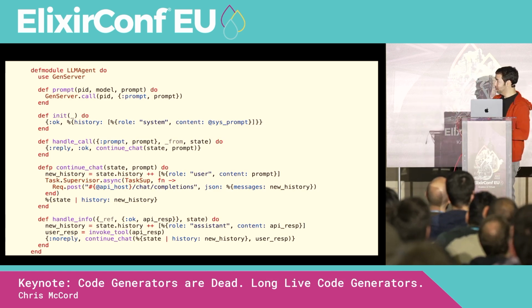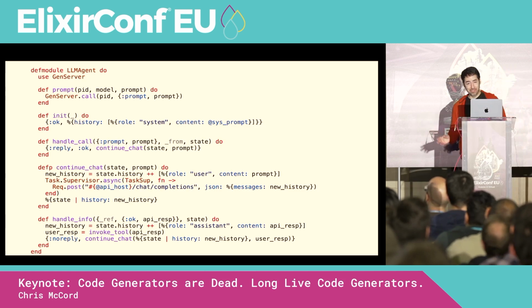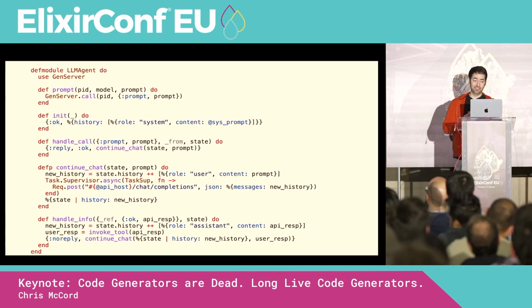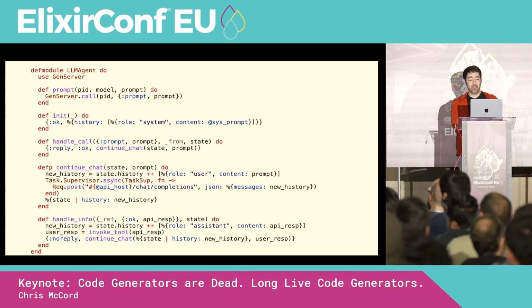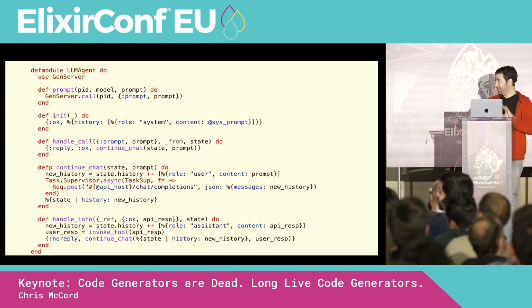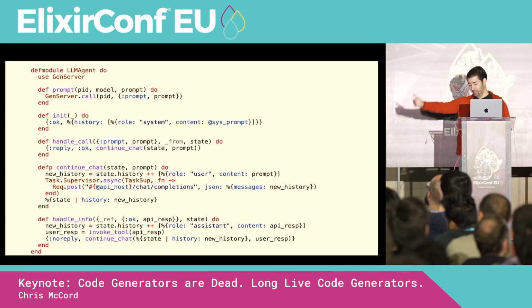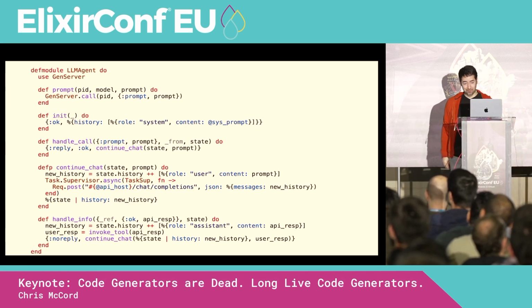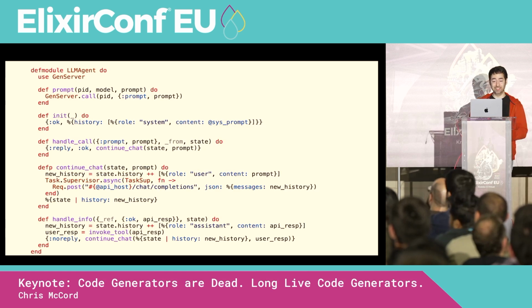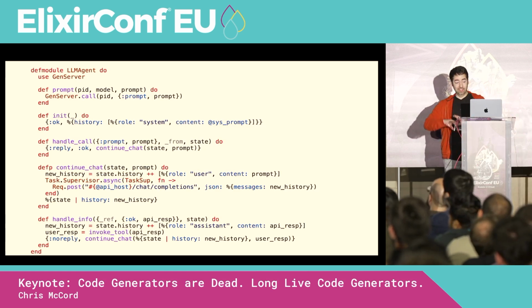A GenServer is literally all you need for an agent. You need two things, a GenServer and the best library in Elixir, Req, and you have your agent. And all an agentic workflow is, is something that recursively posts to a chat completions endpoint and calls back into itself. And when it calls back into itself, what does it do next? It posts to a chat completion endpoint. This is literally all it is.